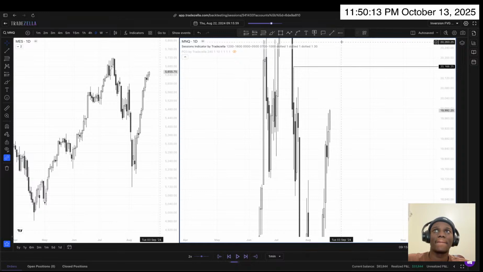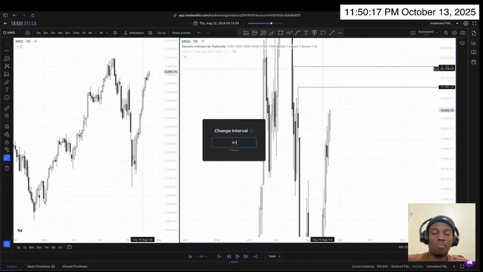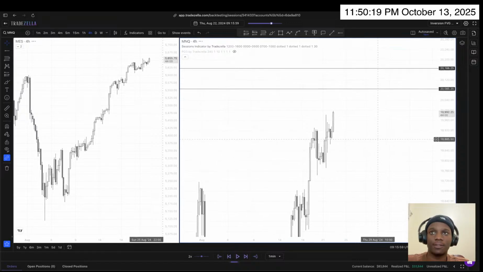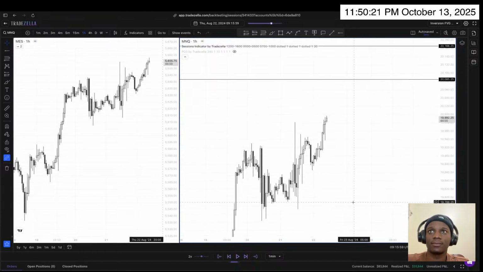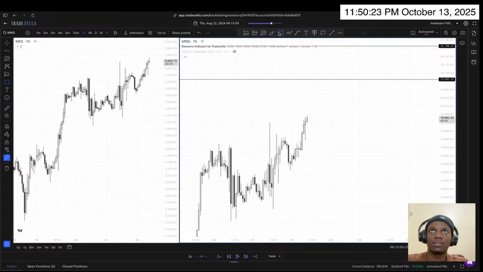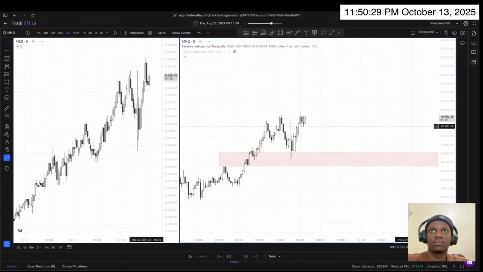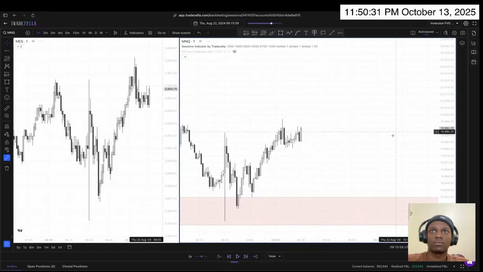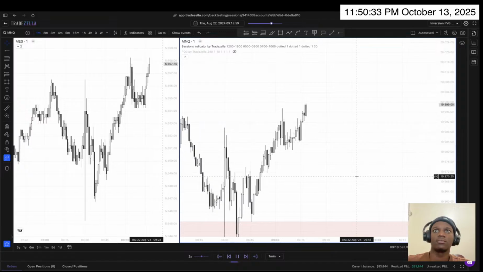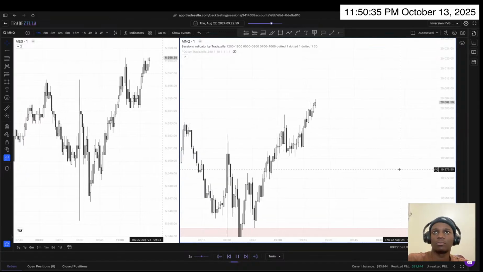Alright, buy side daily targets. 4 hour, 1 hour. Okay, good retracement for 1 hour. Internal sweep would be good.